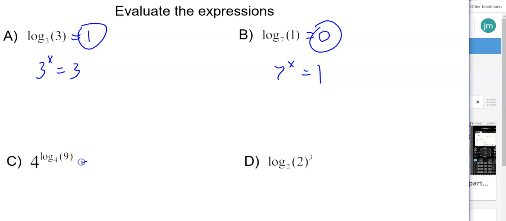This one, trying to figure out what that's equal to. I would just do this and go, okay, the answer is 9. But if you don't see that, you can do the property, you can put it into log form. So this would be log base 4 of a number, let's call it x, equals the exponent, which is log base 4 of 9.